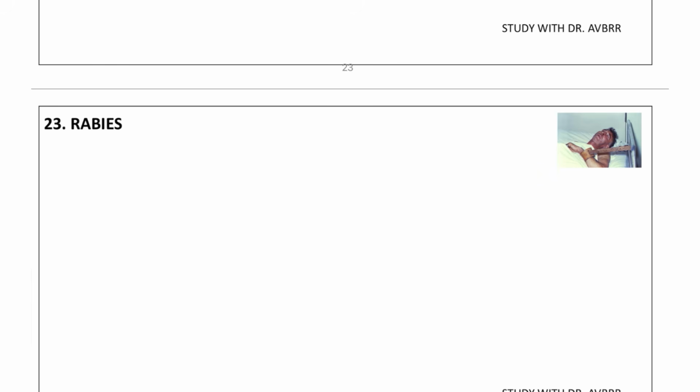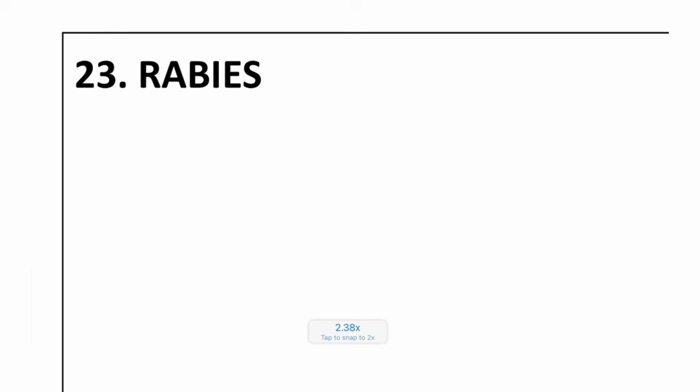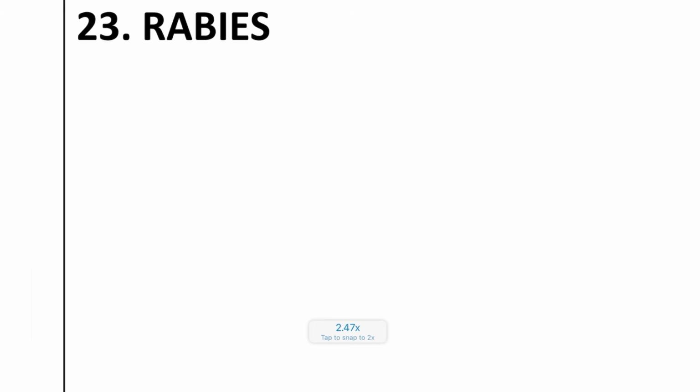Okay, next, moving on to rabies. How is rabies presented, and what is the treatment that you are going to give for this patient? First, rabies is considered in three categories: class 1, class 2, and class 3.